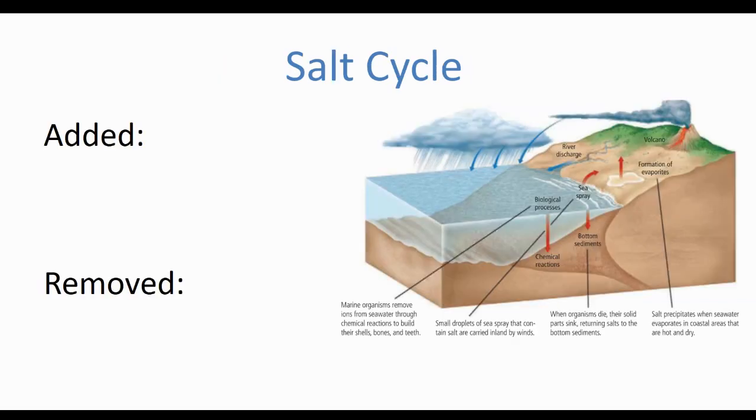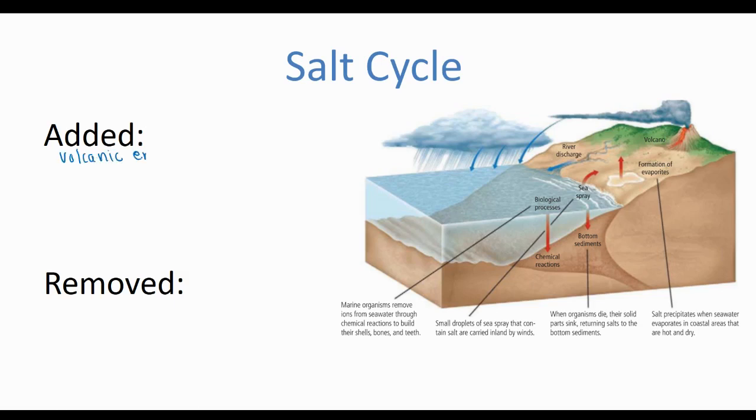Okay, so as a review, what we just talked about the last few slides is the salt cycle in the ocean, and you can see the number of ways that salt is either added to the ocean or removed from the ocean. So we have our volcanic eruption right here that is adding salts to the ocean. So we can write that down.